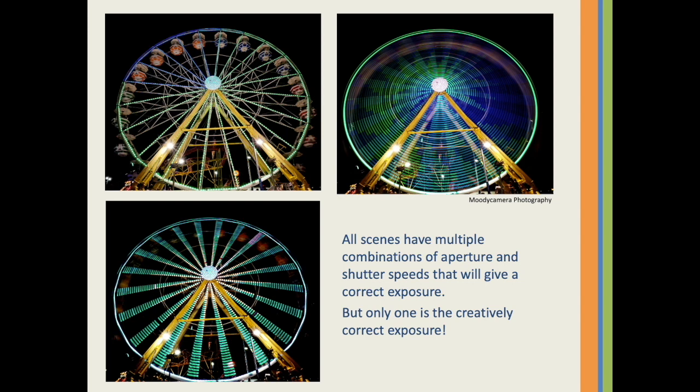And in my own opinion, I think that's the most creative exposure for this subject, which is a Ferris wheel, where we see the full motion 360 of the Ferris wheel. And also we start seeing a pattern of colors appearing through the movement of the light. That's what I mean when I talk about choosing a creative exposure.